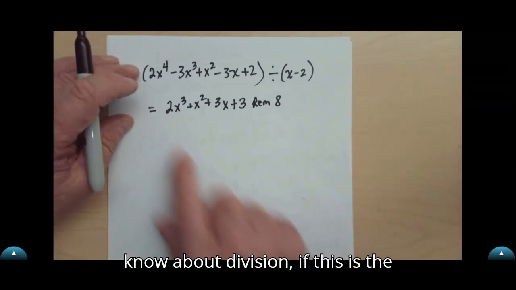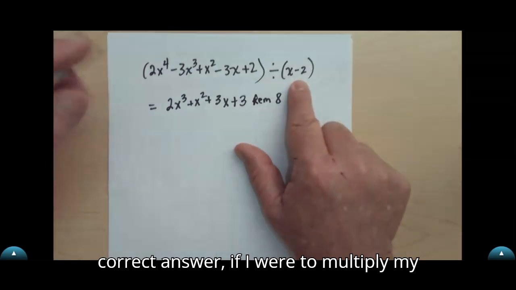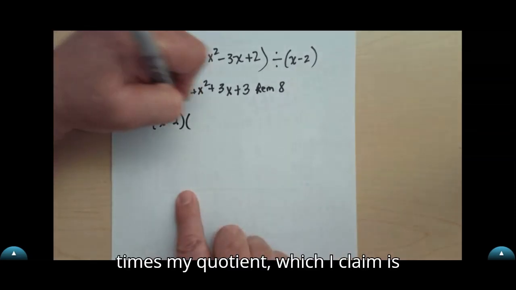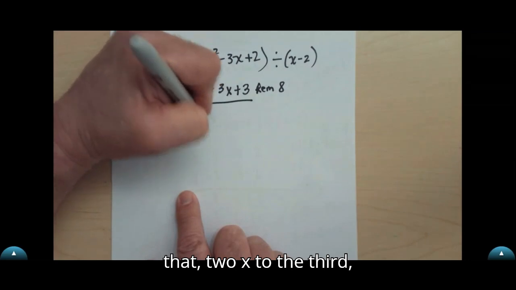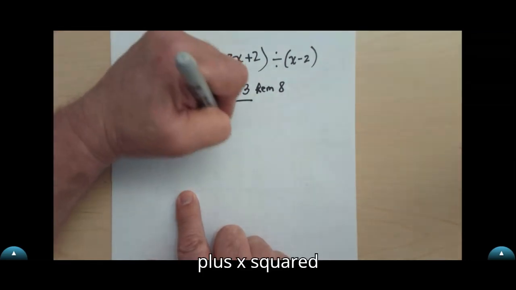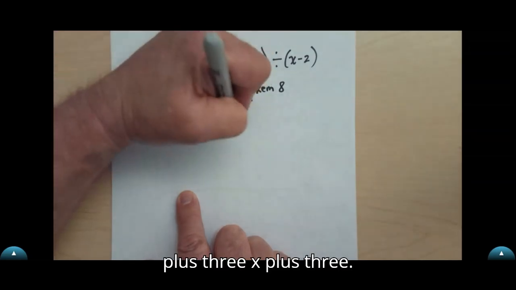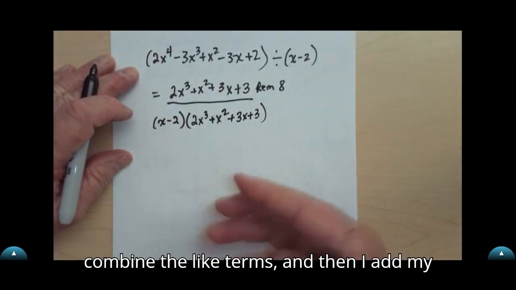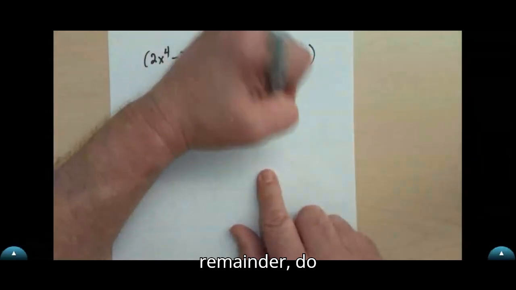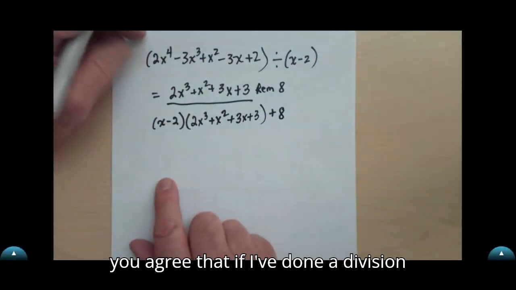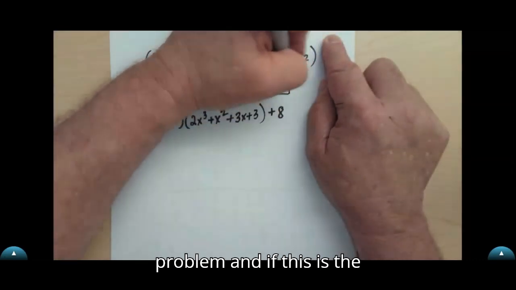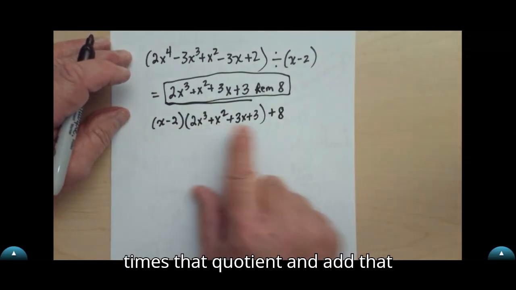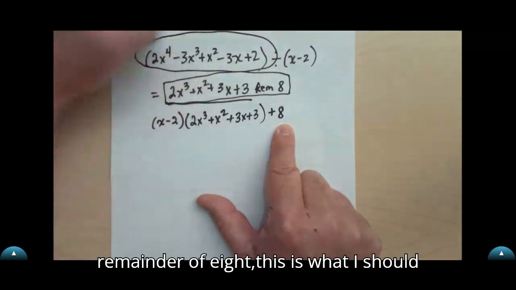Thinking about what we know about division, if this is the correct answer, if I were to multiply my divisor, x minus 2, times my quotient, which I claim is 2x to the third plus x squared plus 3x plus 3, and of course combine the like terms, and then add my remainder, do you agree that if I've done a division problem and this is the correct answer, when I multiply the divisor x minus 2 times that quotient and add that remainder of 8, this is what I should get?